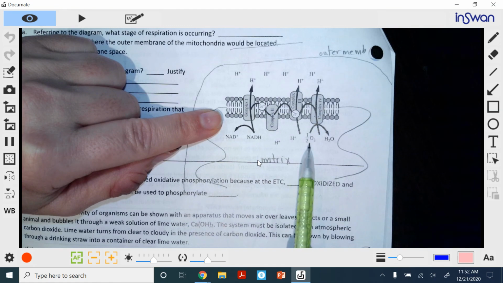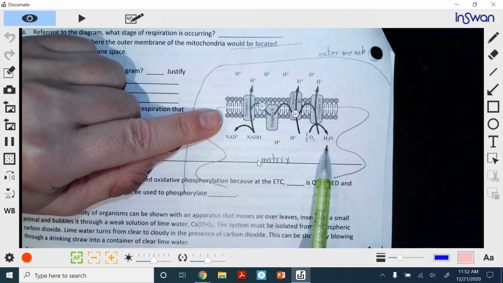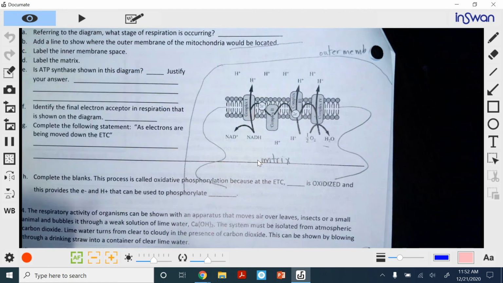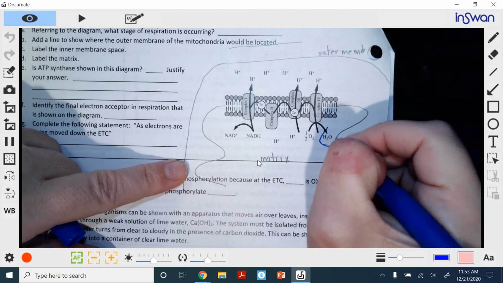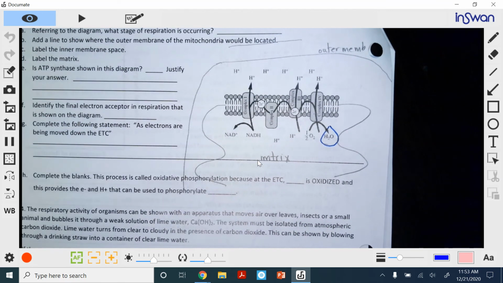Do you see how in comes oxygen and away it goes as water? Okay, so since you should be picking up on key things, you're like, okay, this is oxidative phosphorylation.